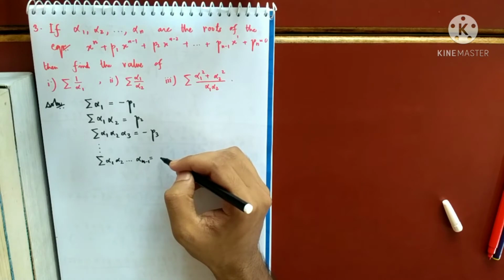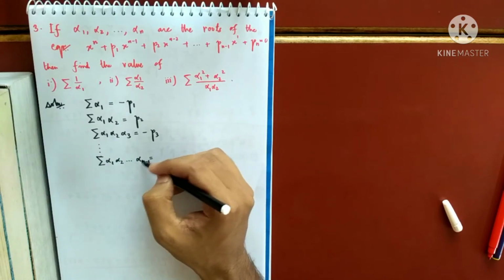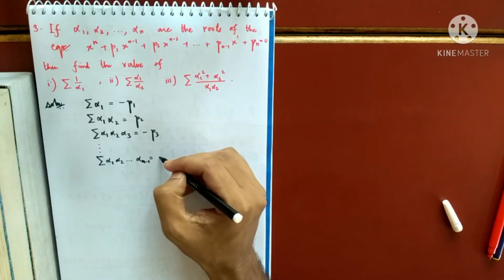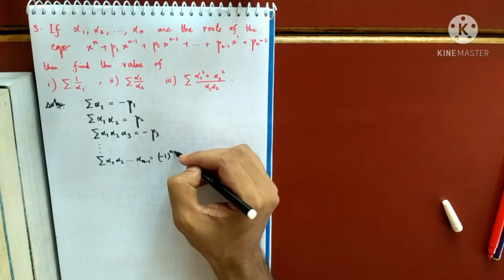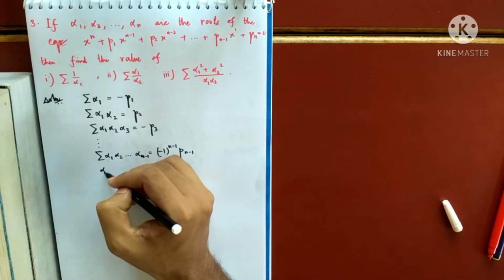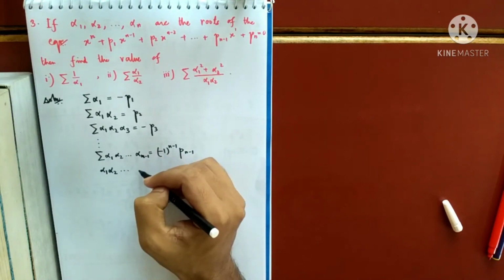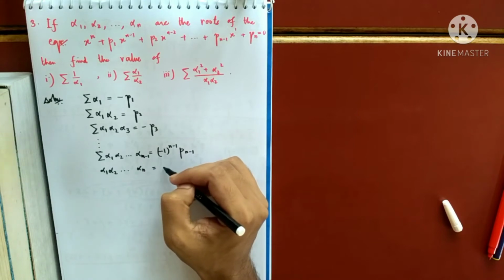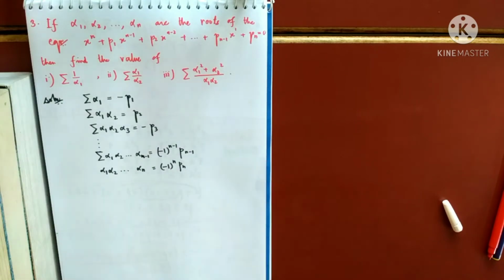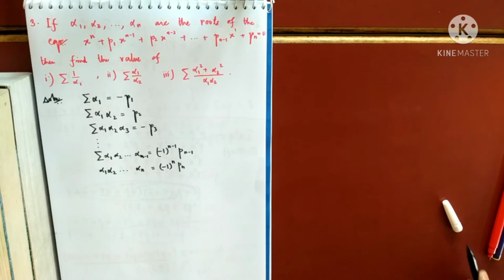That will depend on n minus 1, because for 3 there is minus, so minus 1 to the power 3; that means minus 1 to the power n minus 1 and then p n minus 1. And the product of all the n roots will be minus 1 to the power n p n. So this is my n relations between roots and coefficients. There are n in number, right?